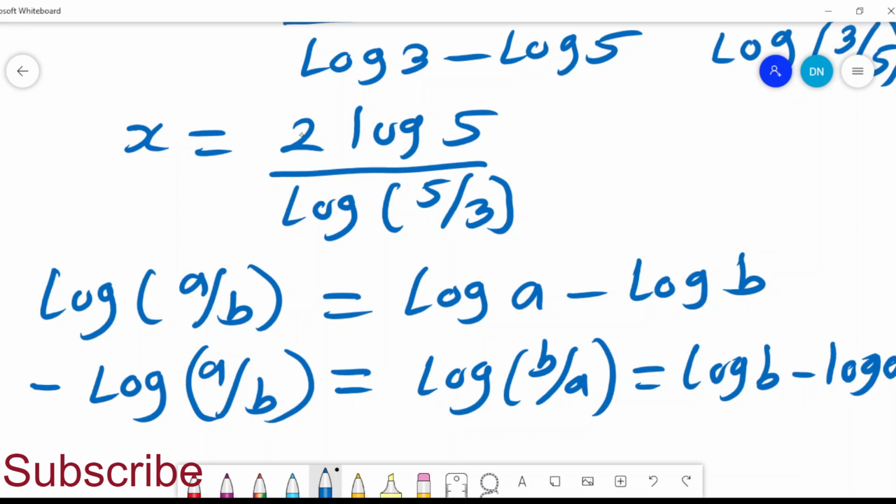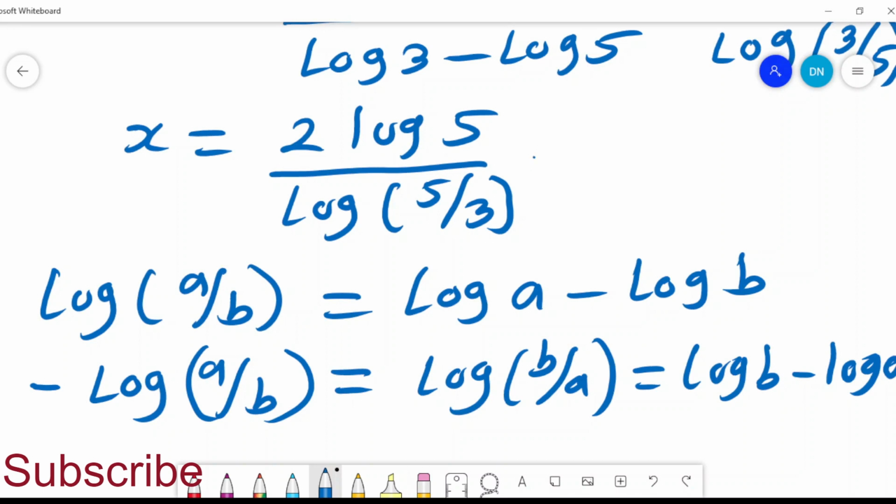And that's why the negative sign was able to disappear when I interchanged 5 and 3. It was 3 over 5, now it is 5 over 3. You can see when I introduce the negative of a over b, it becomes positive b over a. And that was the principle that was applied there.